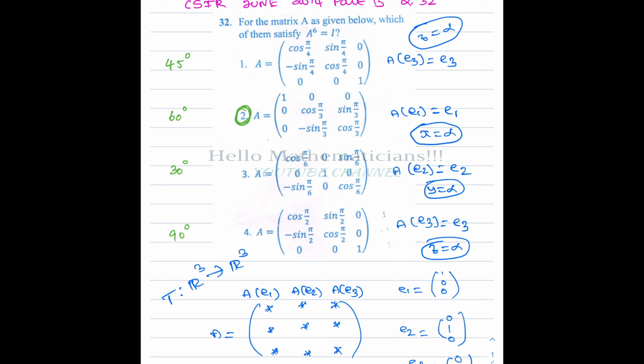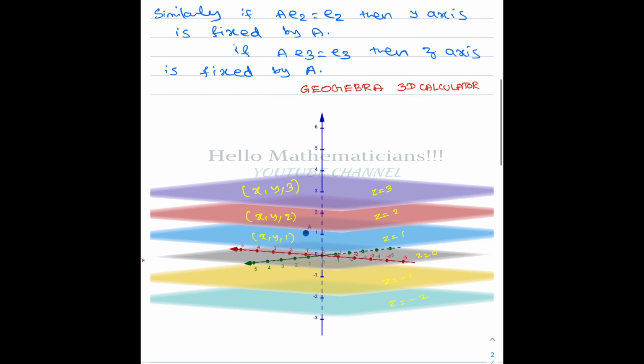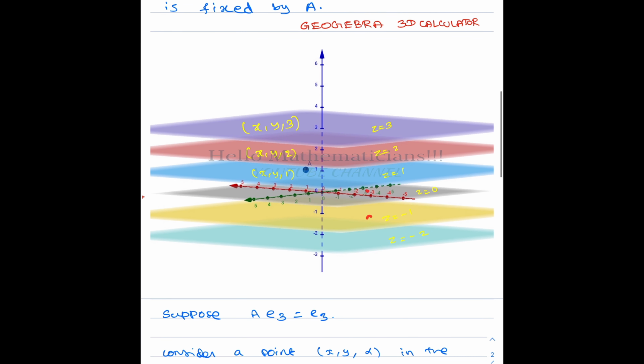Now what we are concluding: if you have A of E3 equal to E3, then you have to look at the various z equal to alpha planes. But if A of E1 equal to E1, then you have to look at x equal to 1, x equal to 2, and in that case those planes will be perpendicular to that. So you can imagine how x equal to 1, x equal to 2 looks like.